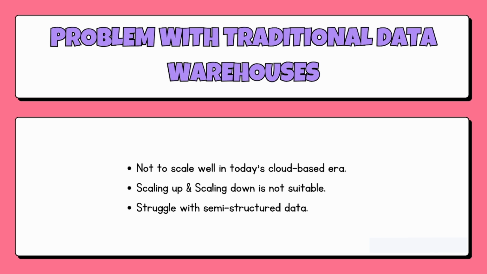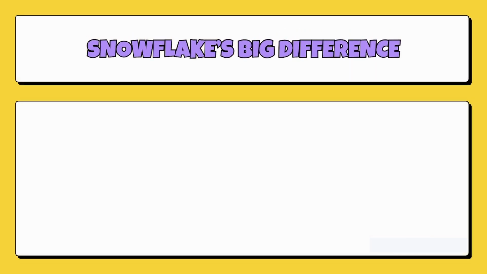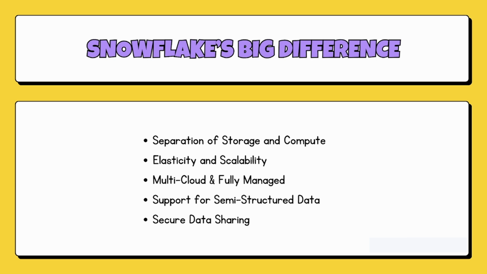And scaling down is practically impossible, as you have already purchased the equipment to scale up the system. They also often struggle with processing semi-structured data such as JSON or Parquet files, and it takes a great deal of time, experience, and funds to manage a large-scale traditional warehouse. Whereas Snowflake is a lot different from all these problems. Snowflake excels as it is built from the ground up for the cloud.